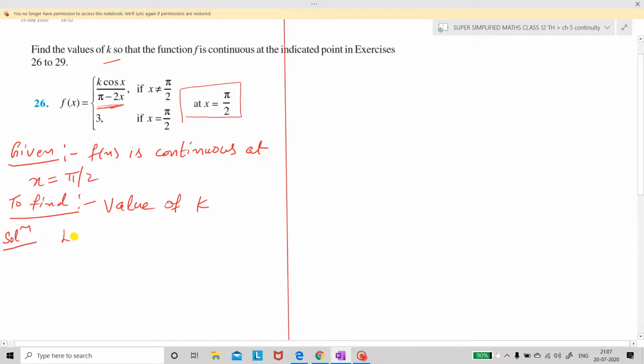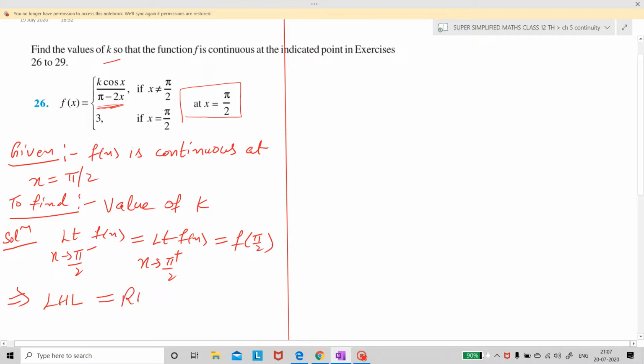Since the function is continuous, the left hand limit of the function at pi by 2 is equal to the right hand limit of the function at pi by 2, equal to the value of the function at pi by 2. Or I can write: left hand limit is equal to right hand limit is equal to f(pi by 2), and I call it equation number 1. So now I have to calculate the left hand limit.